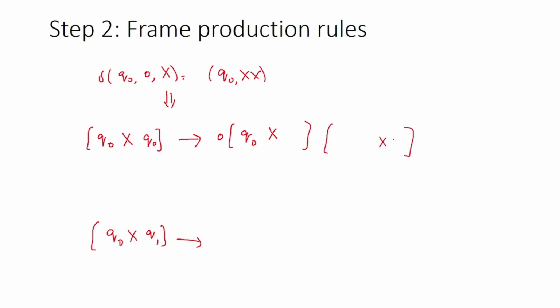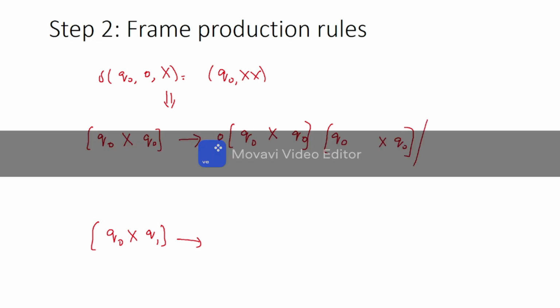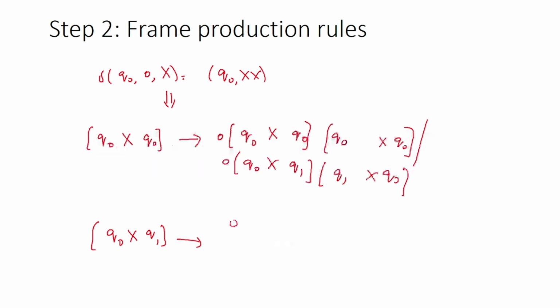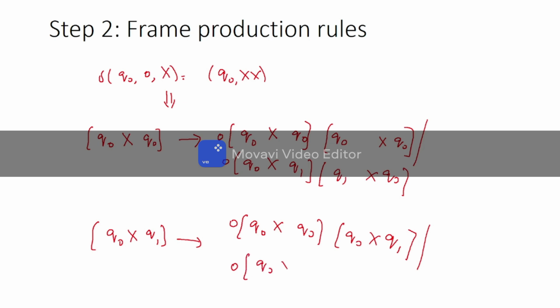If you put Q0, one more possibility is there. So, you can fill it as 0, Q0, X, Q1, X, Q0, and similarly you can fill here also 0, Q0, X, Q0, X. The only thing that varies is Q1, and here also 0, Q0, X, Q1, X, Q1. The only difference is where Q0 was, you will be putting Q1.